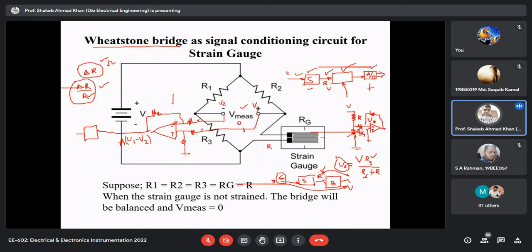Now we'll go back to here. Obviously the relation which we have established for the strain gauge between R and strain will be used.